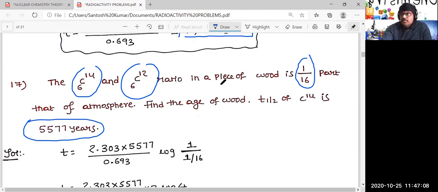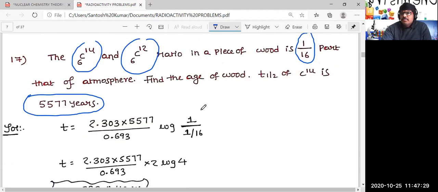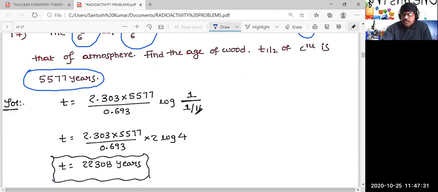C12 is the same in both the cases, because whether it is a live plant or dead plant, C12 mass is the same, but the C14 is different, and the C14 mass in the dead plant or wooden article is less when compared to live plant or atmosphere. The remaining thing is the same simplification. Log 16 is log 4 power 2, which can be written as 2 log 4, and log 4 is 0.6. If you simplify, you'll be getting this.